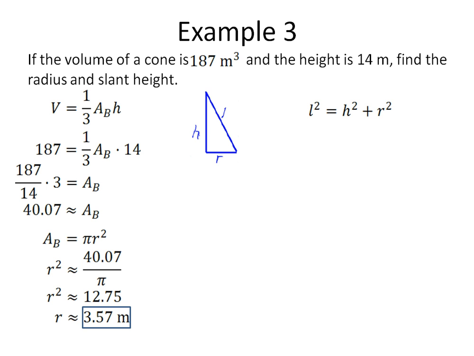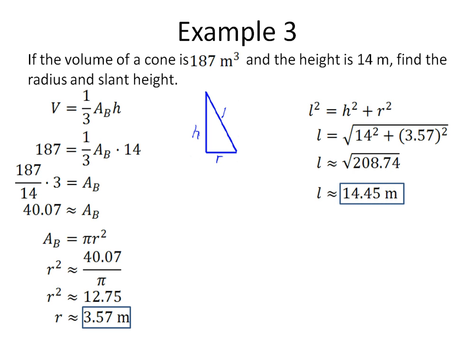L squared is equal to h squared plus r squared. So L is equal to the square root of 14 squared plus 3.57 squared. L is going to be approximately the square root of 208.74, which is approximately 14.45 meters.